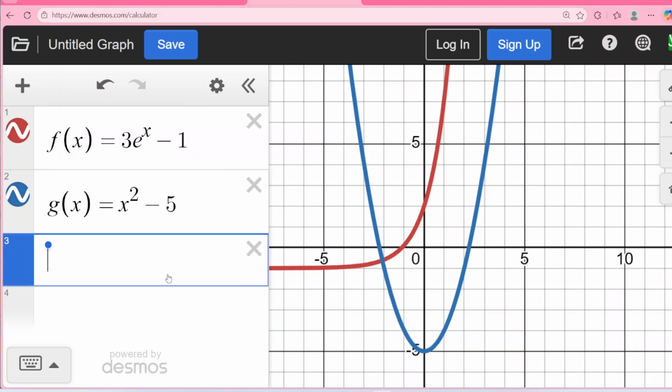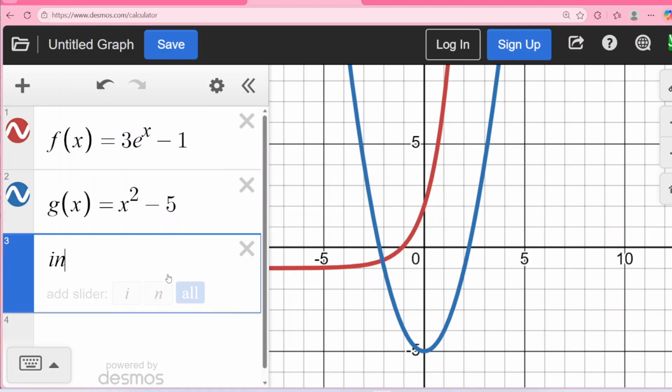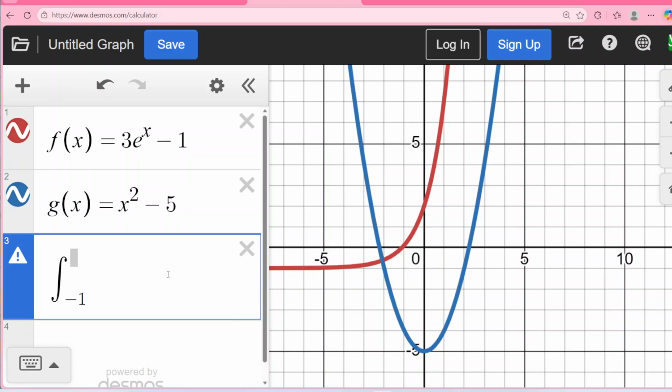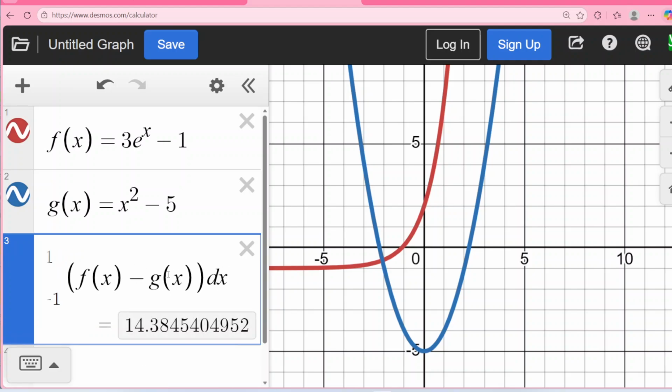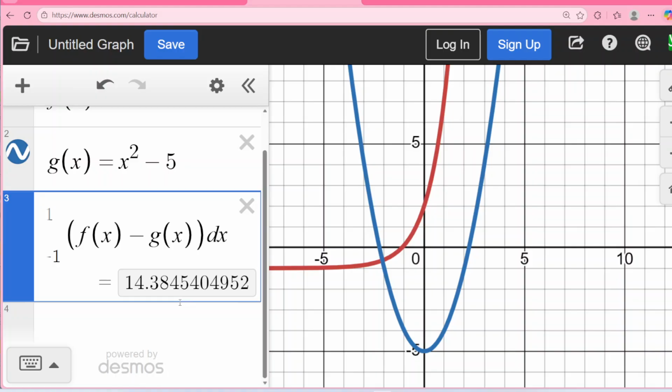So again, only looking at the area between these, between the x equals -1 and x equals 1. So I'm doing the integral from -1 to 1 of, and then I just did that so I don't have to type them out again. You got f of x minus g of x dx. So again, the function on top minus the function on bottom. And we get this 14.384 blah, blah, blah, right, to 10 decimal places.